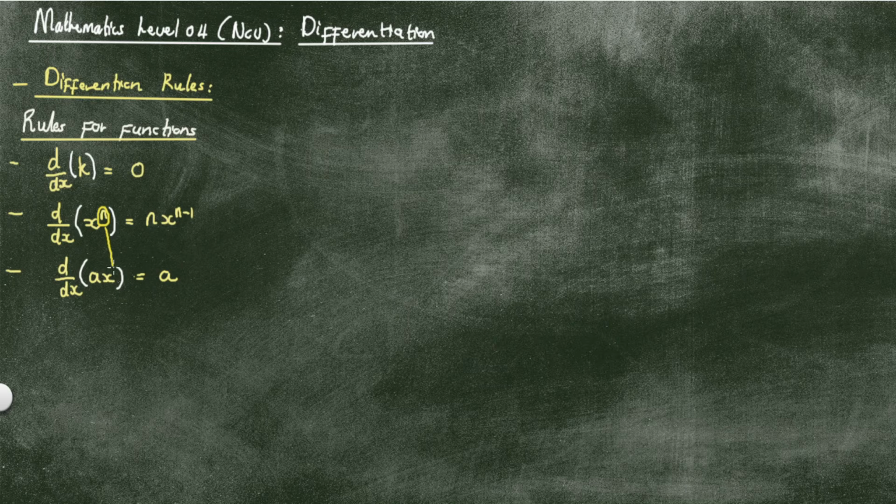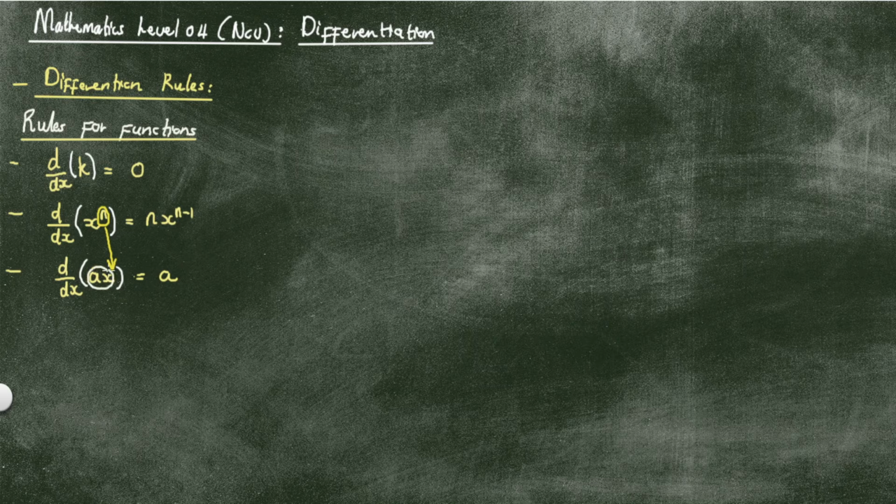But in this one, the exponent of the x is just 1. Or we can simply say you have x. So the derivative of x, or x raised to exponent 1, is going to be the following.